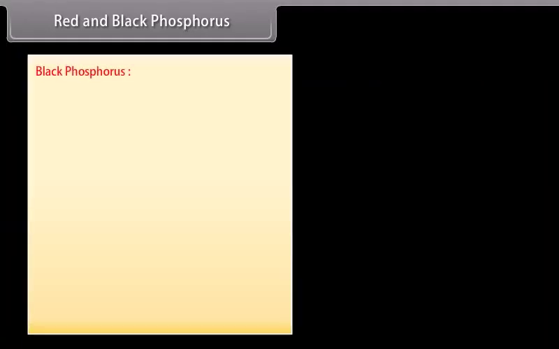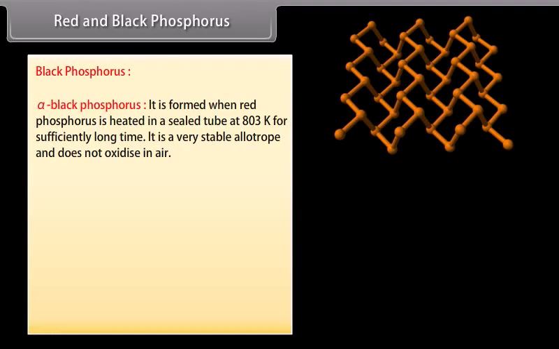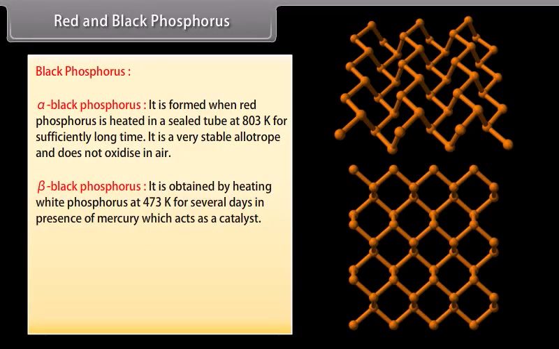Black phosphorus. It has two forms. Alpha black phosphorus. It is formed when red phosphorus is heated in a sealed tube at 803 Kelvin for a sufficiently long time. It is a very stable allotrope and does not oxidize in air. Beta black phosphorus.